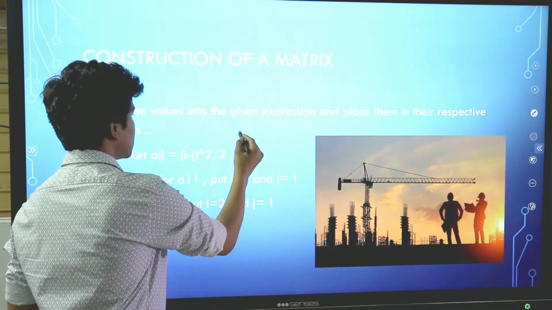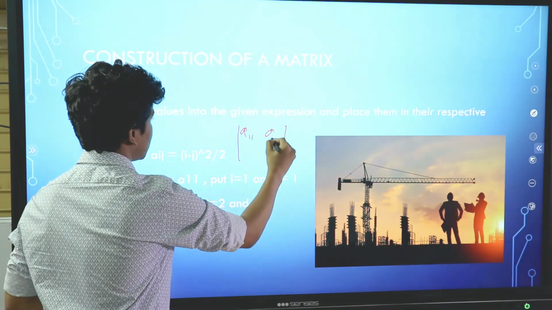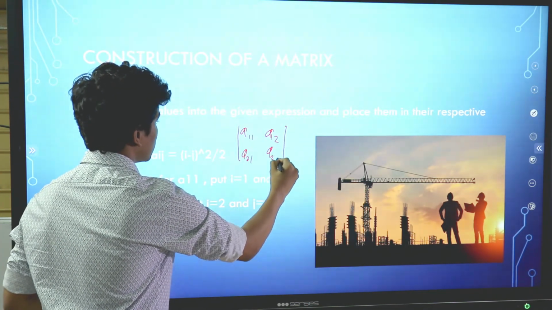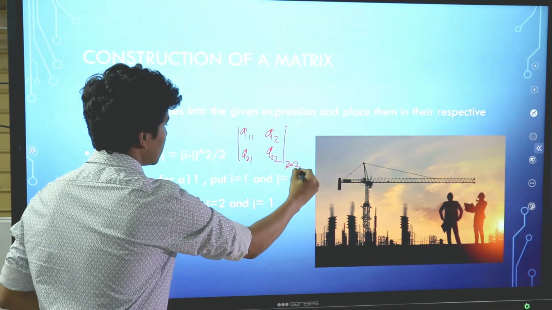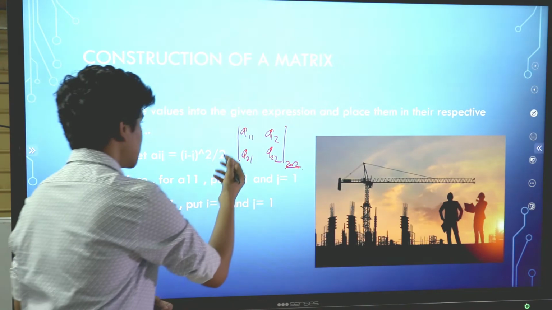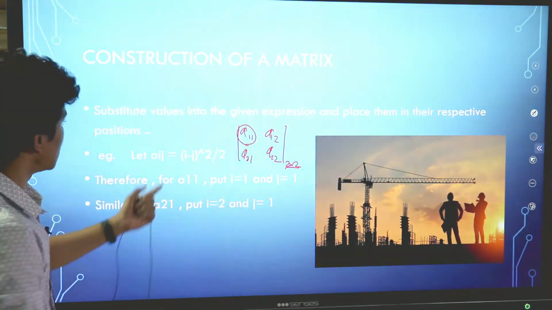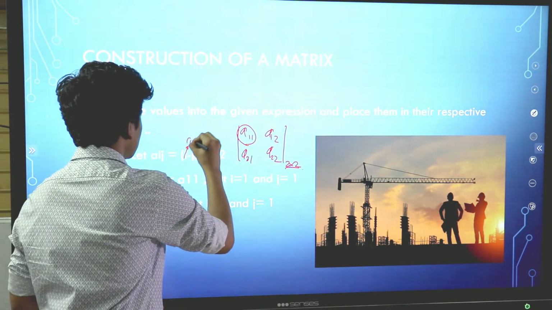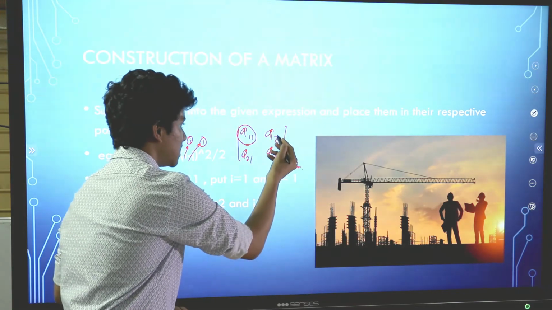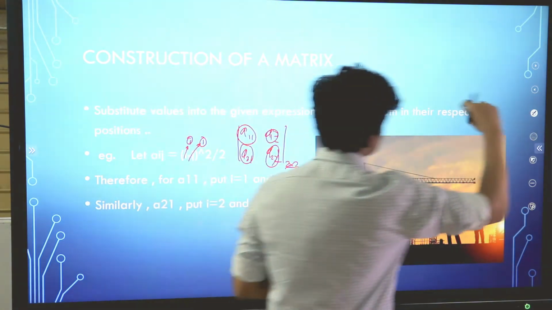Now if you want each and every element, which is a11, a12, a21 and a22, this is of 2 by 2 order. You have to substitute each and every value. For a11, the very first element, you substitute the values 1 and 1. The answer you get will be placed here. Similarly, this, and this. This is how we construct a matrix.